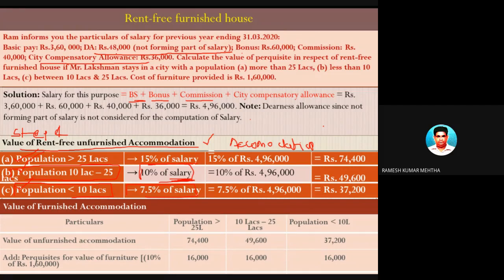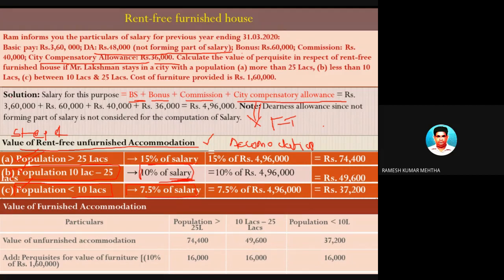City compensatory allowance is fully taxable, as you popularly know. For the purpose of calculation of rent-free accommodation, you have to take that part of the allowance which is taxable. Here the entire 36,000 is taxable, so the entire amount has to be taken.